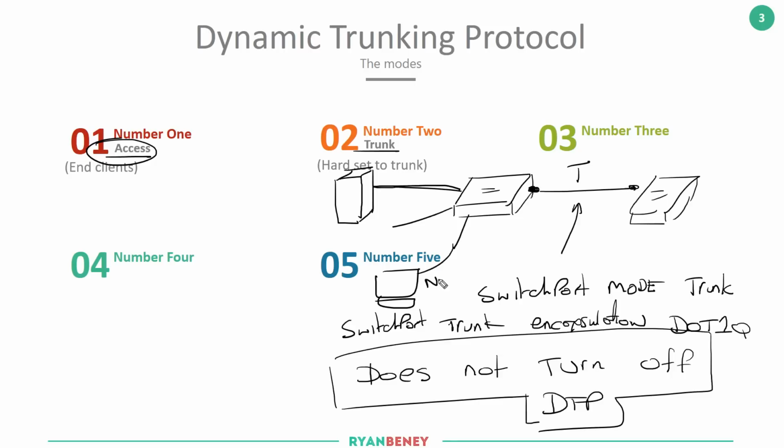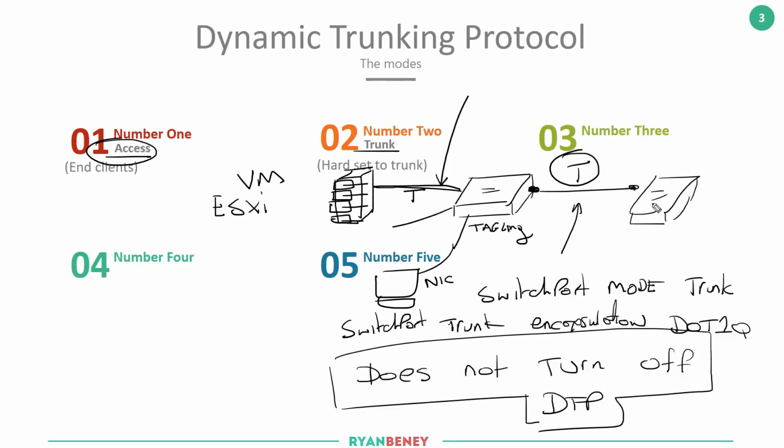Of course, the NIC card on the PC needs to be able to support the tagging, because remember, when the frames go between switches over a trunk, they insert that tag, as previously explained in the last video. The reason you do it to a server is because if this server is a VM machine, let's say it's an ESXi box, and inside that box there's multiple servers, then what you tend to do is push a trunk down to the server itself and have each VM inside a different VLAN.